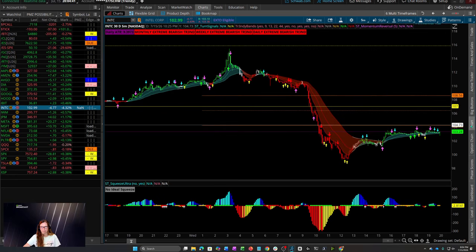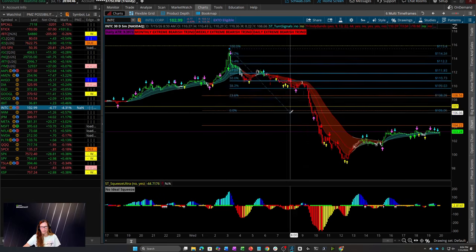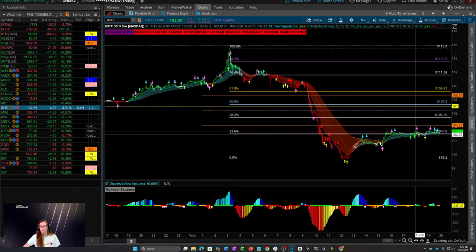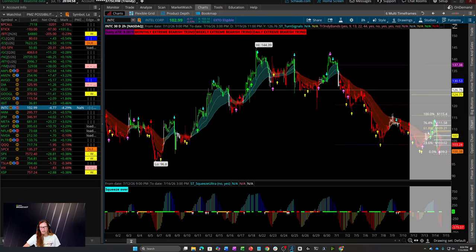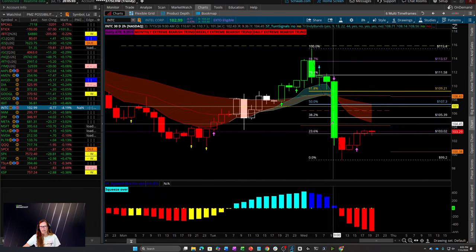Okay? I would still measure the same move because that is the most recent significant move. So don't worry about switching your time frame charts to be that precise.